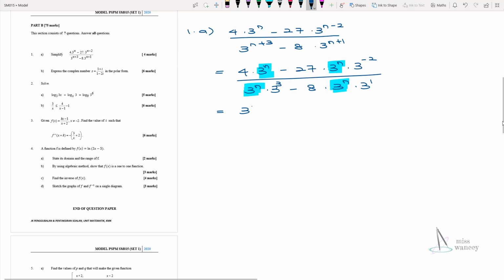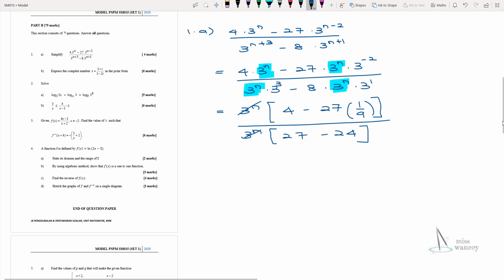So this is 3 to the power of n, and now we got 4 minus 27, and 3 to the power of negative 2 is actually 1 over 9 over 3 to the power of n, and then we got 3 cubed over there, which is 27, minus 8 times 3, so minus 24.